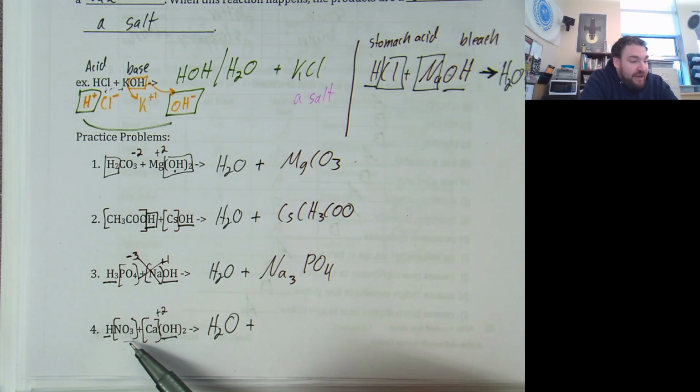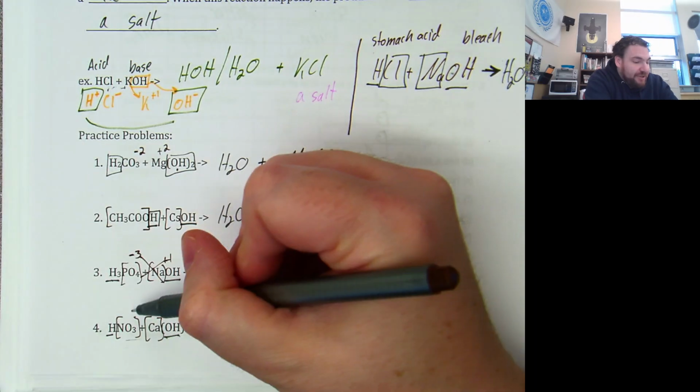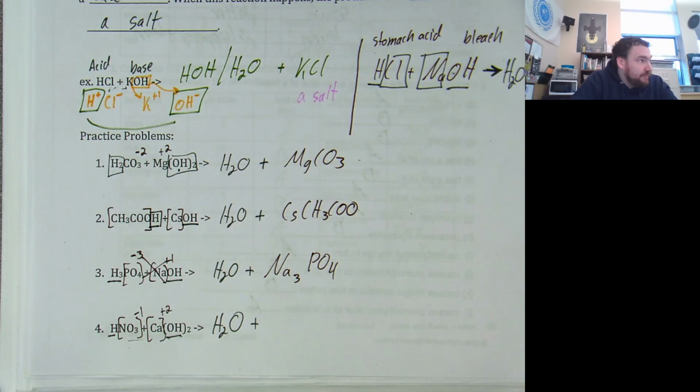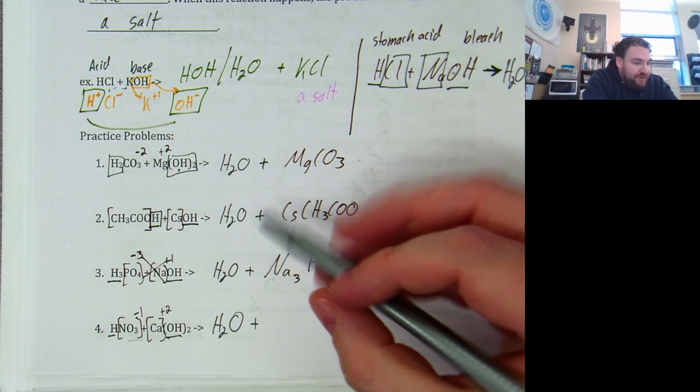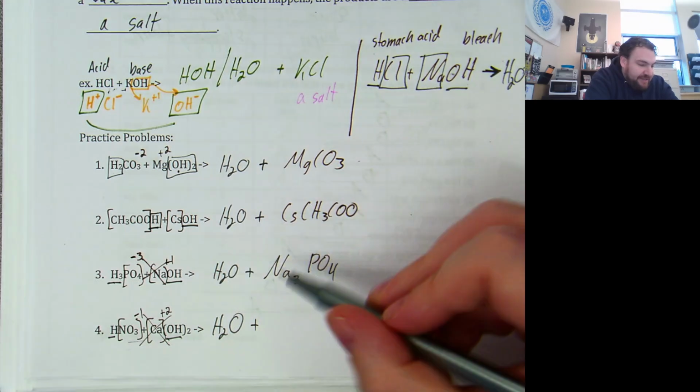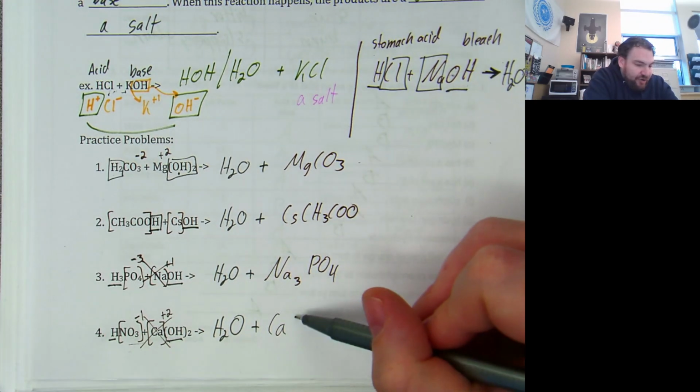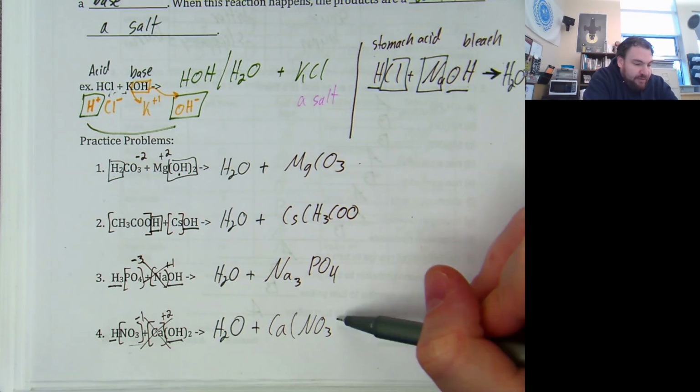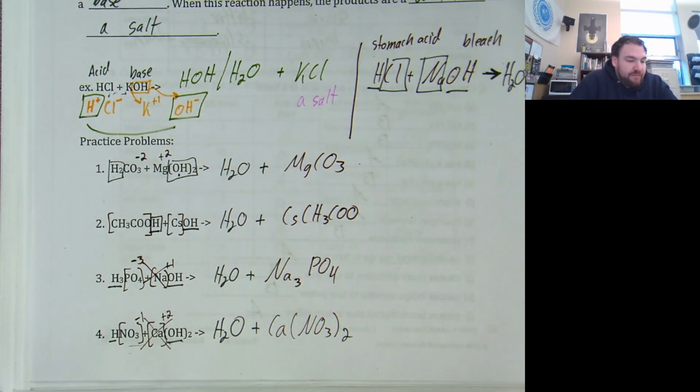What's the charge on NO3? So you're telling me the charge on there is going to be -1 then. Okay? So if you swap and drop, you're going to get Ca(NO3)2. There you go.